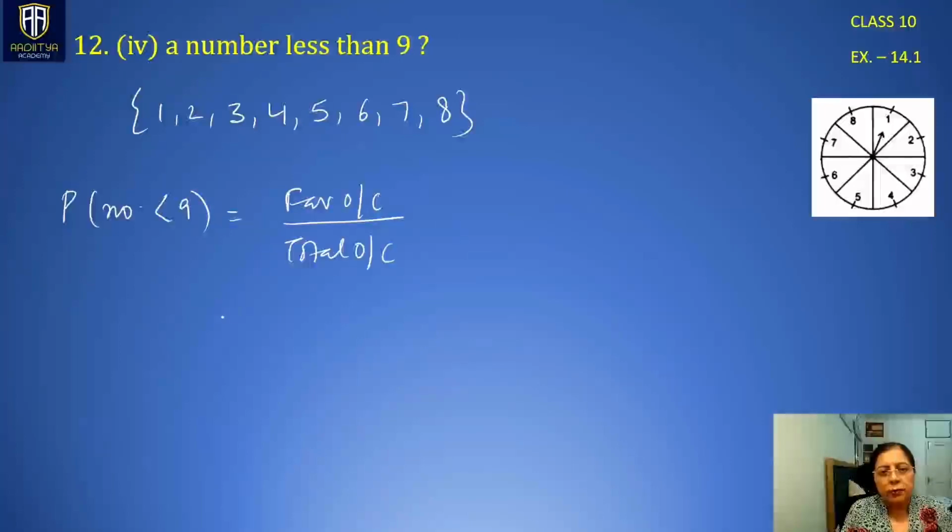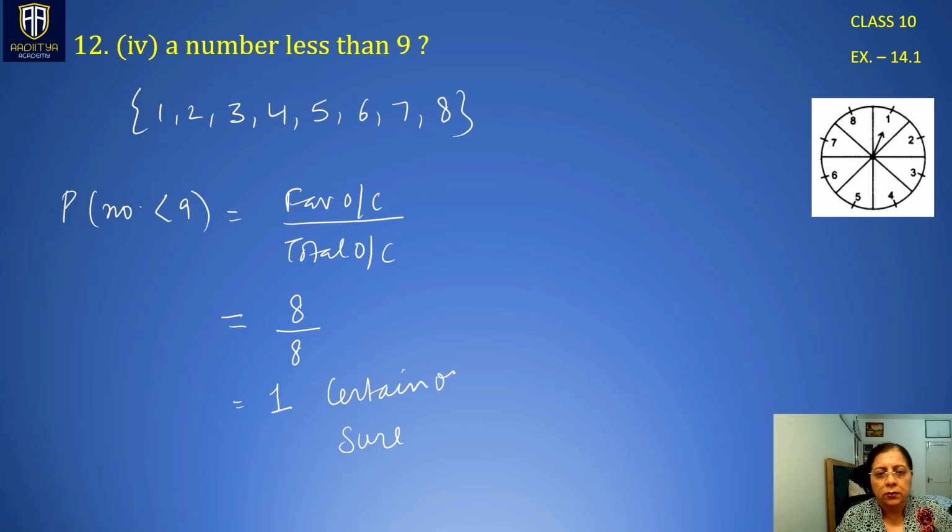How many favorable outcomes do we have? We have all the 8 possible outcomes are favorable here because all of them are less than 9. And also the total number of outcomes is also 8. So this is a certain event, certain or sure event, because the probability of this event, elementary event, is 100% or it's 1.